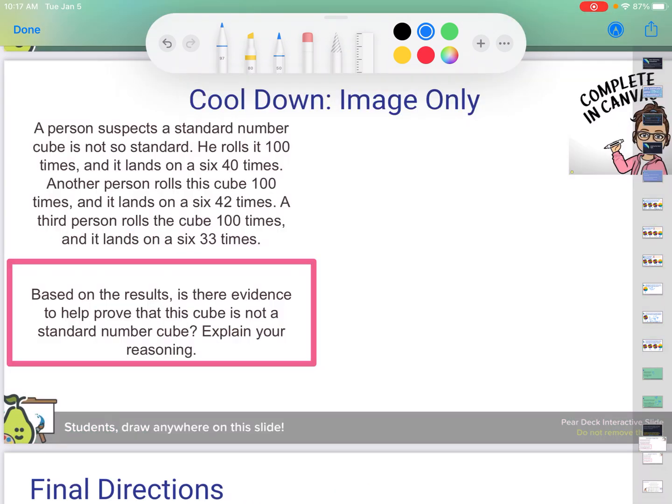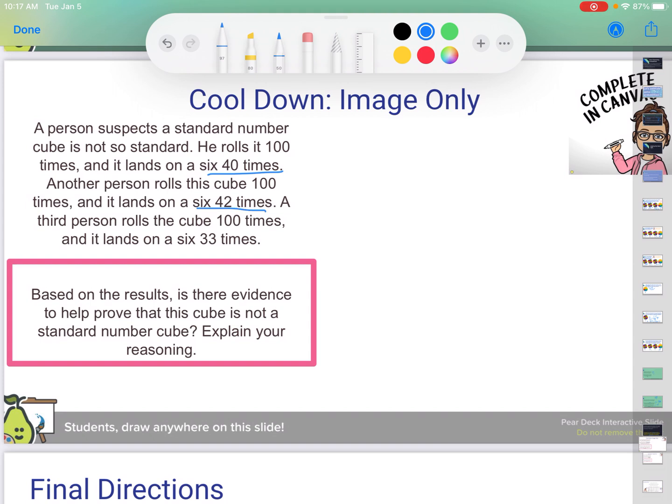So now you're going to do your cool down. A person suspects a standard number cube is not so standard, meaning that it's rigged or it's incorrectly made. He rolls it 100 times and it lands on 6 40 times. Another person rolls the cube 100 times and it lands on 6 42 times.